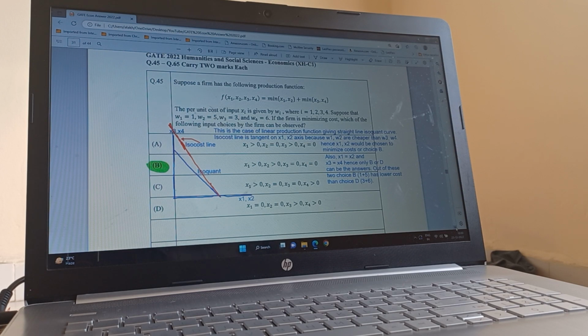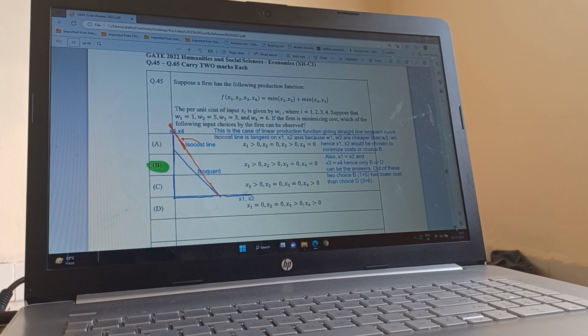So here in this question, you have to see what the production function is. This production function says min x1, x2, which means x1 and x2 will be chosen such that both are equal, so x1 is always equal to x2, and min x3, x4 means x3 is equal to x4, because they are Leontief production functions.